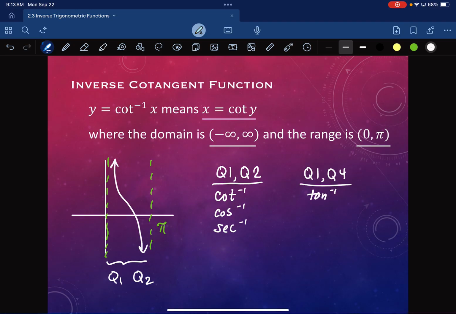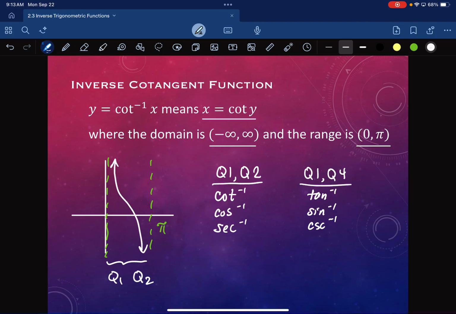So those are the ones that are sort of odd because their cofunction does not go with them, right? So the cotangent and the tangent, those two do not go together. I should say the reciprocal function does not go with them. And then I've got sine. Okay, so my inverse sine is in quadrants 1 and 4, and my inverse cosecant is in quadrants 1 and 4. So all of these trig functions are in those particular quadrants when I'm looking at values.